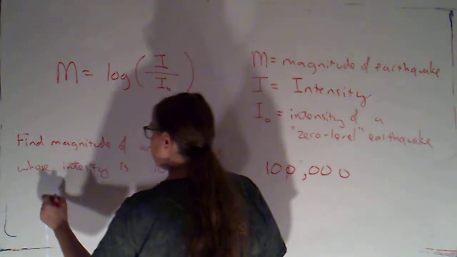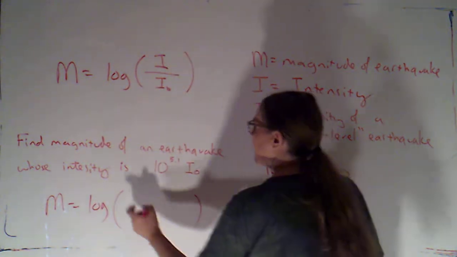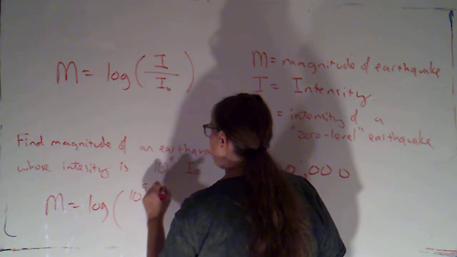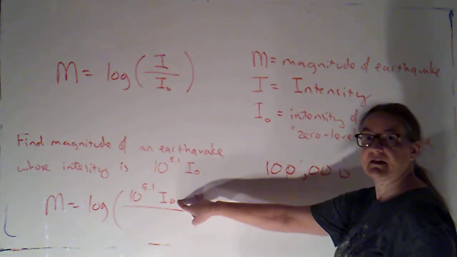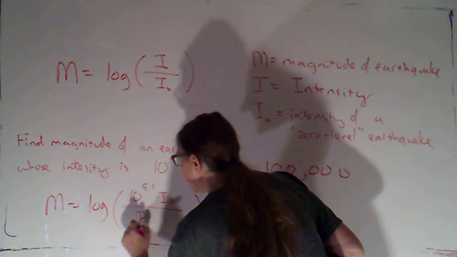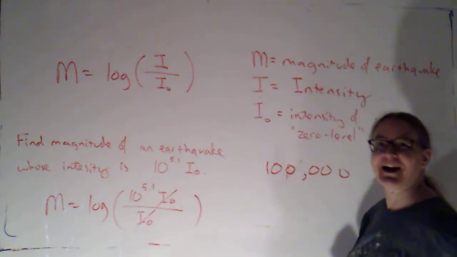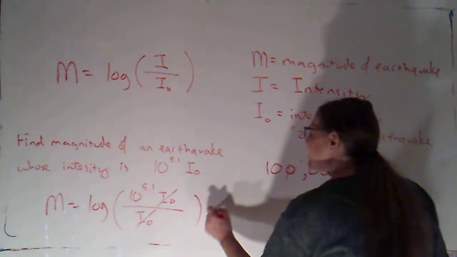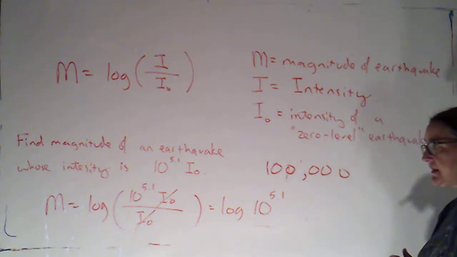If I wanted to find the magnitude, it's just going to be the log of 10 to the 5.1 times the intensity of a zero-level earthquake divided by the intensity of a zero-level earthquake. Oh, how nice. Those cancel, so we're just looking at the log of 10 to the 5.1.